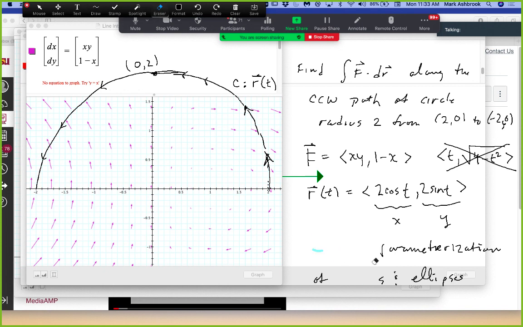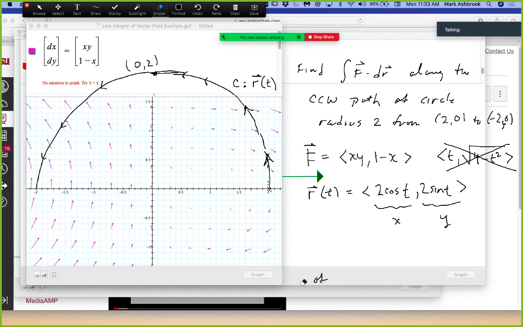All right, so here we go. So we're going to set it up now. We need our dr. So dr is negative 2 sine t, 2 cosine t dt. So we're going to rewrite our f dot dr then as, oh, what do we predict for this one?